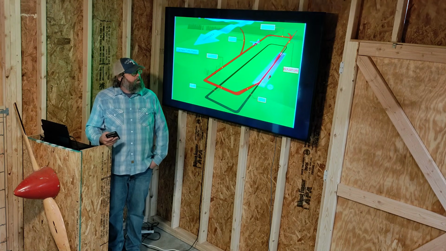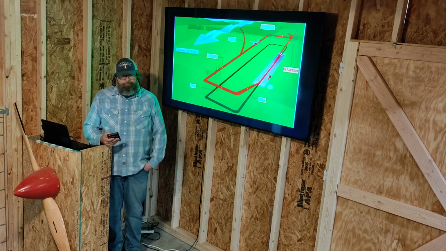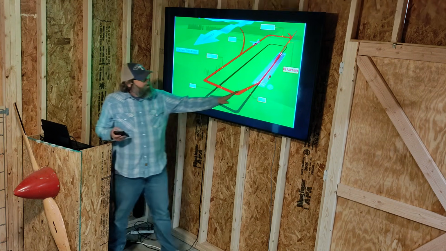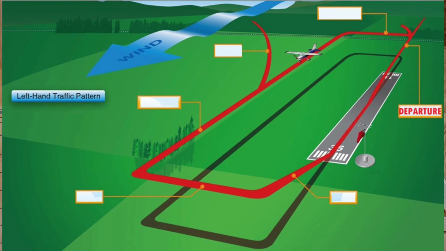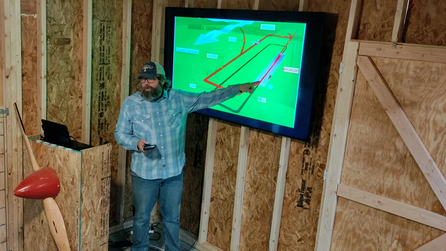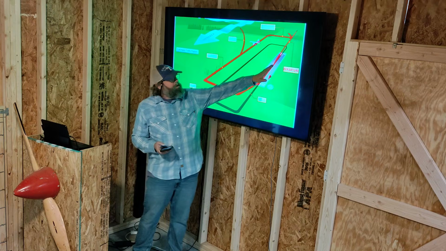And we're going to start with what's called the departure. And it is just what the name implies. So in this situation here, the airplane's taking off on runway what? Is it 35? 35 or 36? It's 36. Which faces which direction? That's north. All right, so he's taking off. Yep.